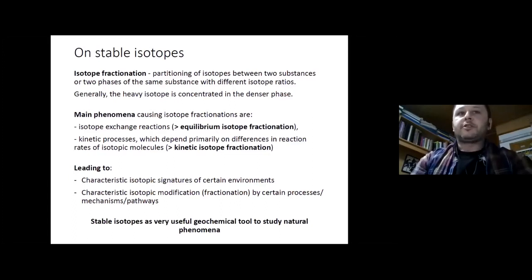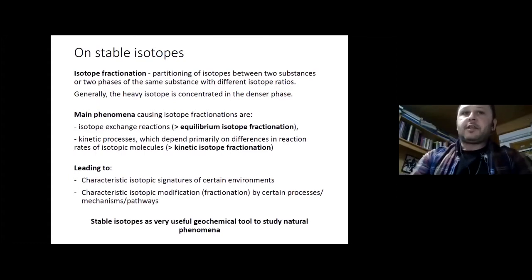For example, the isotope exchange reactions, the most common, the so-called equilibrium isotope fractionation, is controlled by thermodynamics, so by temperature, let's say. Or kinetic processes, which mostly are the result of reaction rates, cause so-called kinetic isotope fractionations.